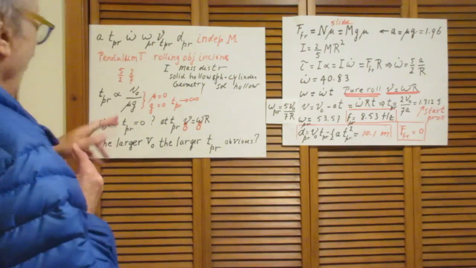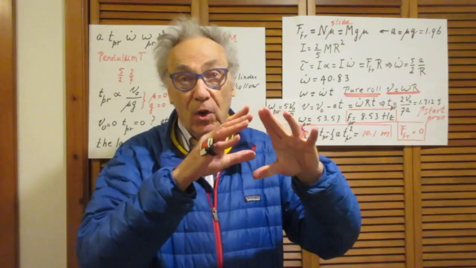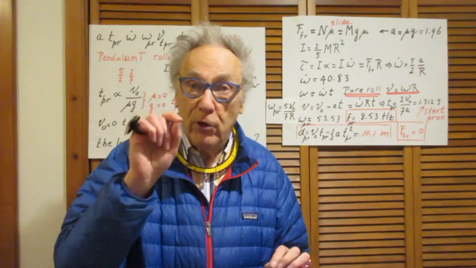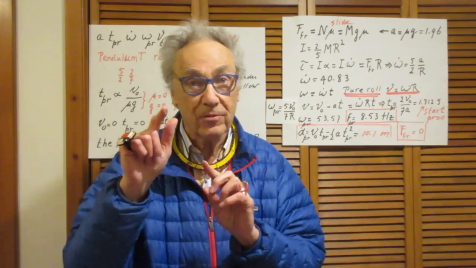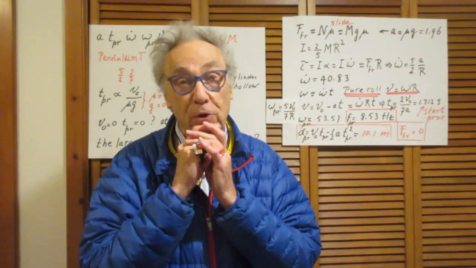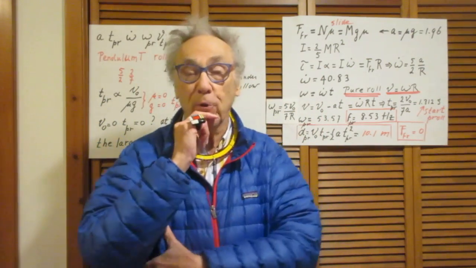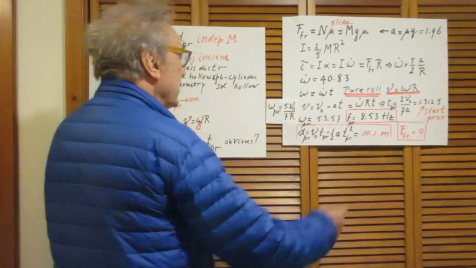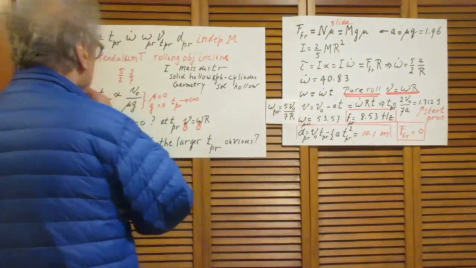The time that it takes for objects to roll down an incline does depend on the geometry, on the mass distribution, where the mass is. And that's expressed by I, which is the moment of inertia. We had the I there too, remember? The moment of inertia. And that moment of inertia here reflects itself in this 5/2, in this 2/7, and in this 5/7.